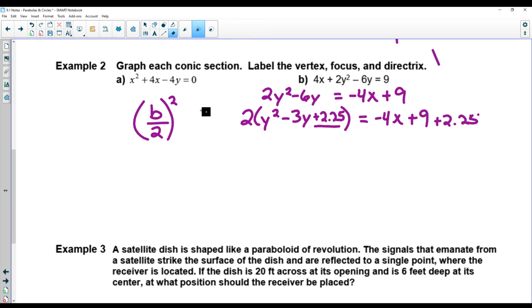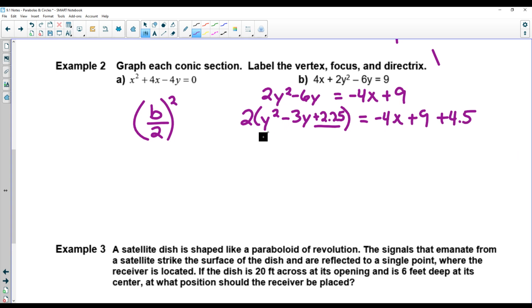So let's go ahead and fix that. I'm going to do 2 times 2.25, and I'm going to add 4.5 to that side of the equation, because that's truly what I did to this left side. I did 2 times 2.25. I added 4.5 to this side, so I have to add 4.5 to that side.